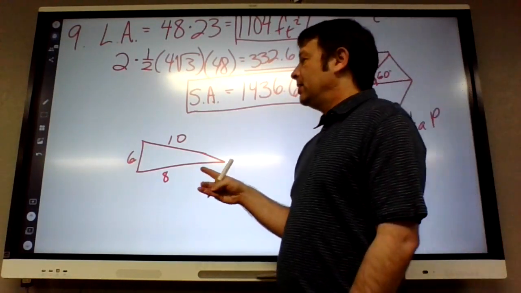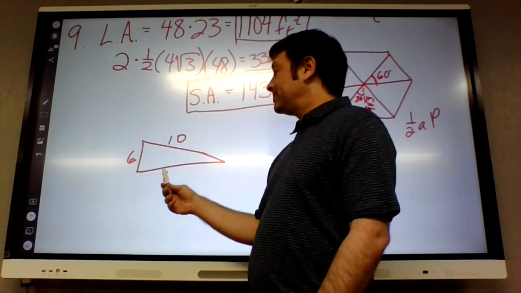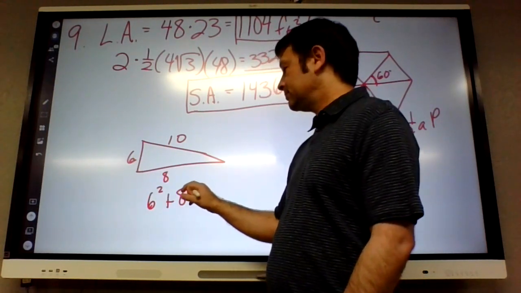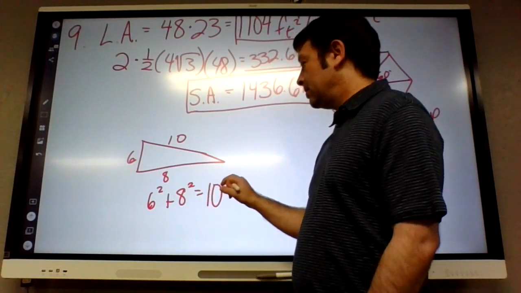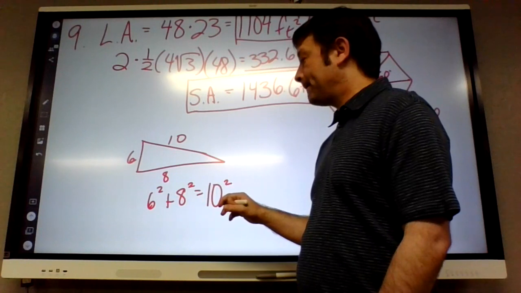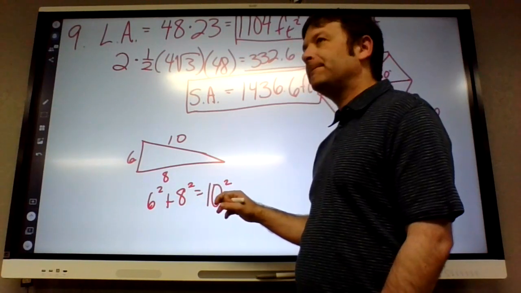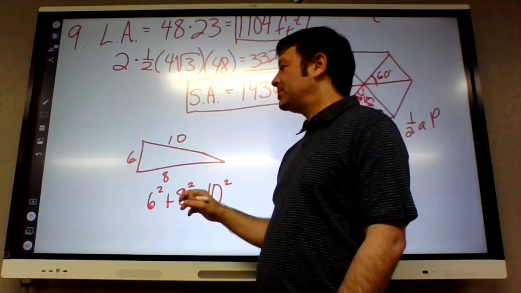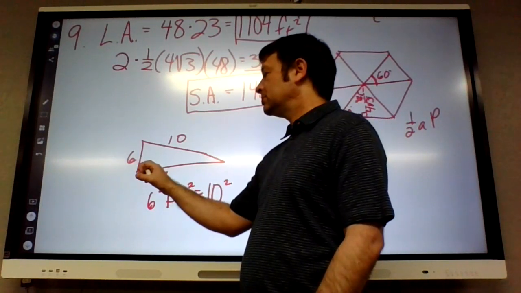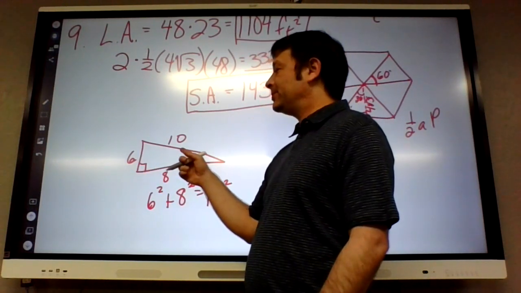There's something special about these three numbers. It's a right triangle. Which angle would have to be the right angle? That one, because that's opposite the hypotenuse, right?